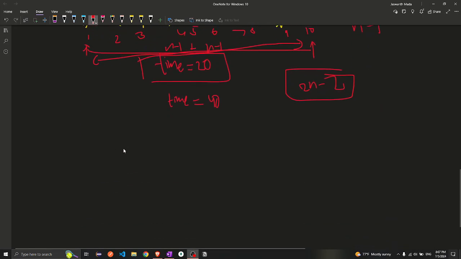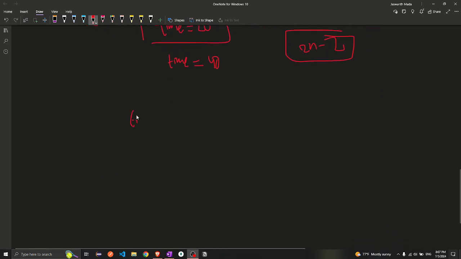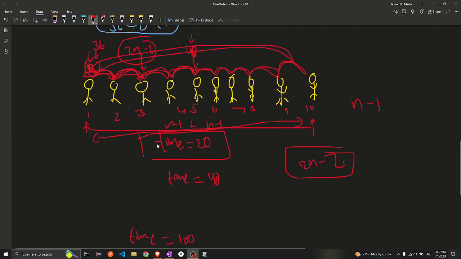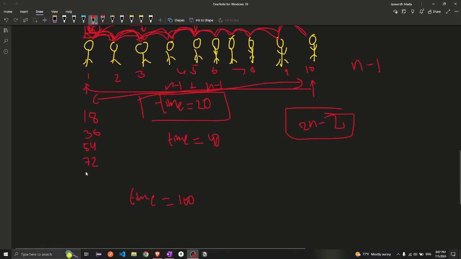So if my time is 100, basically what I'm doing is, initially for the first 18 steps I came here, and the next 18 steps I again stayed here, and for the next 18 steps I came back to this place, and for the next 18 steps I came here again, and for the next 18 steps I again came here.